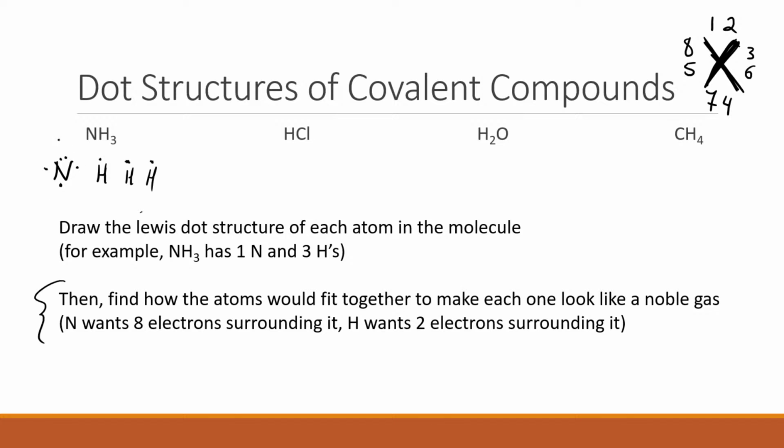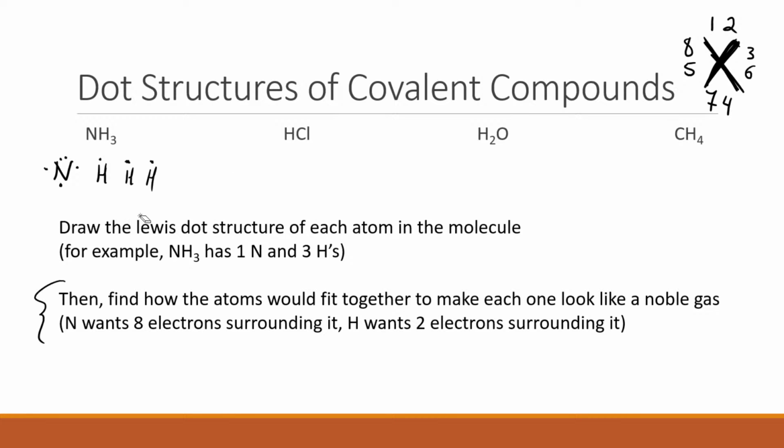Right? Nitrogen wants 8 valence electrons because it has 5 already. It wants to gain 3 more to get to 8. Hydrogen is an exception to the rule. Right? Hydrogen with only 1 shell only wants 2 valence electrons.